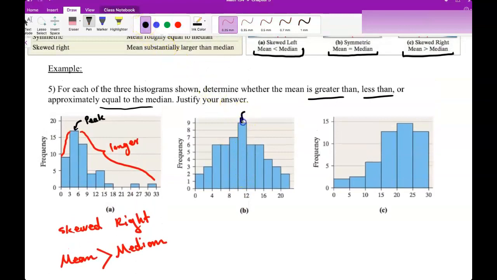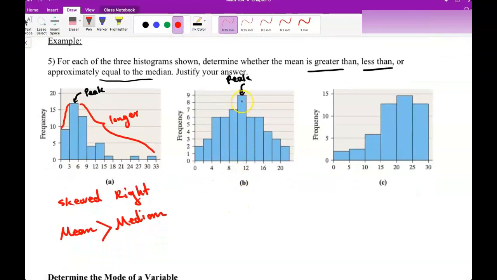Now, what is this one? This is the highest frequency we have, and we can say that it is in between. That means this is symmetric. That's why mean is approximately equal to median.